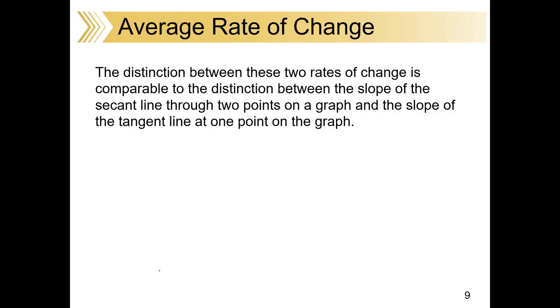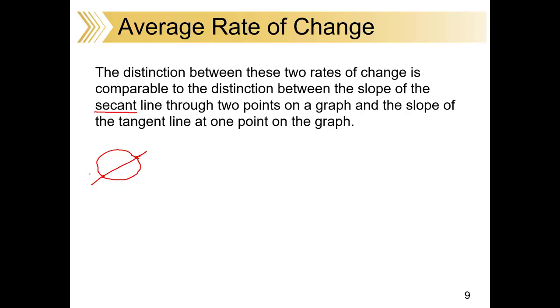The average one, the average rate, will involve a secant line. If you think of a secant in a circle, remember a circle, of course you know it looks like this. A secant line cuts through it and hits it at 2 points. You would take those 2 points, the coordinates associated with them, and calculate your average rate of change.